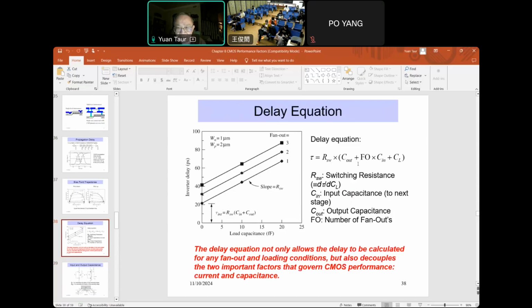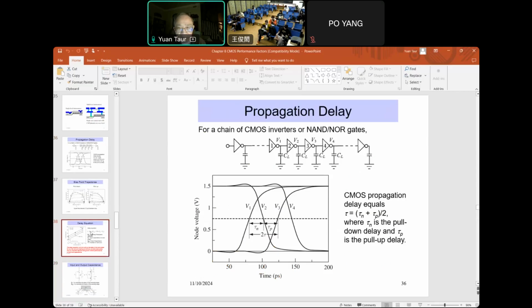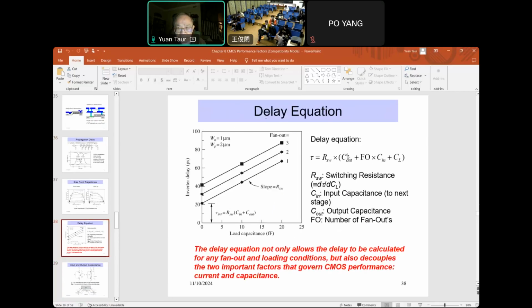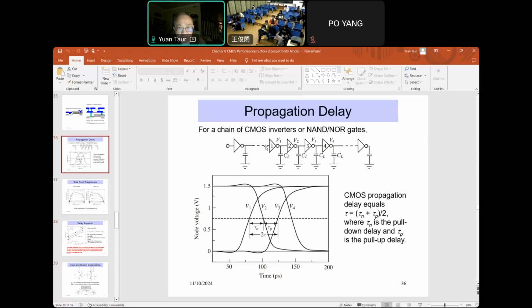Okay, so the external load, that's the CL, and C out. C in is multiplied by fan out. In other words, this stage can drive more than one stage.